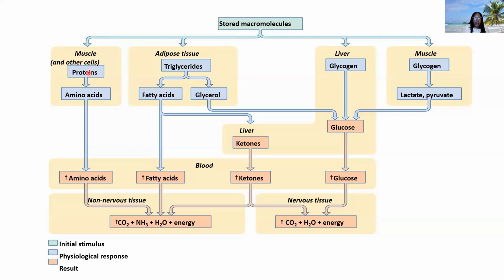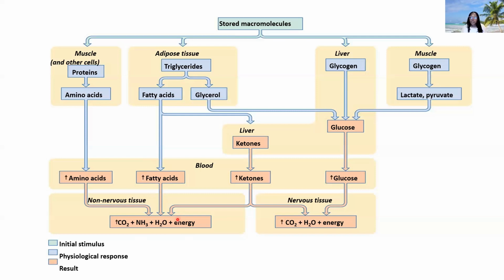So proteins can be broken down to amino acids. Amino acids can then be metabolized to generate energy. Triglycerides from our adipose tissue can also be broken down into fatty acids and glycerol. The fatty acid components can be metabolized, again, to generate energy. And this is typically for our non-nervous tissue.